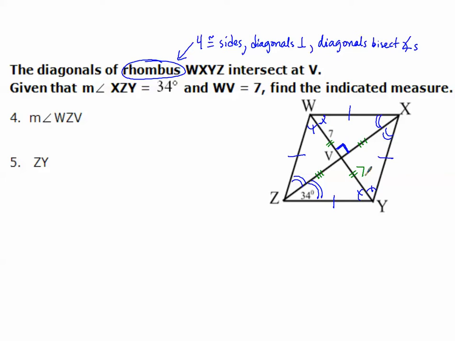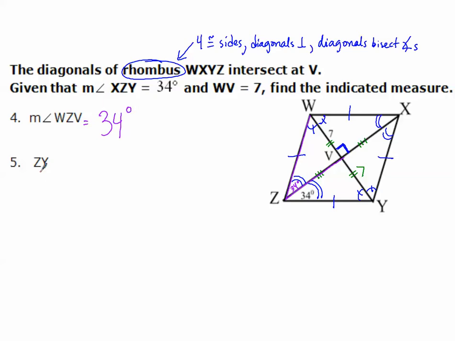Let's go ahead and see what's being asked for over here. The measure of angle WZV. Here's W down to Z and up to V. Well, from my congruent marks, this isn't difficult. I see this is 34 and this one's supposed to be the same, so this one's also 34 degrees, of course, because it's an angle.